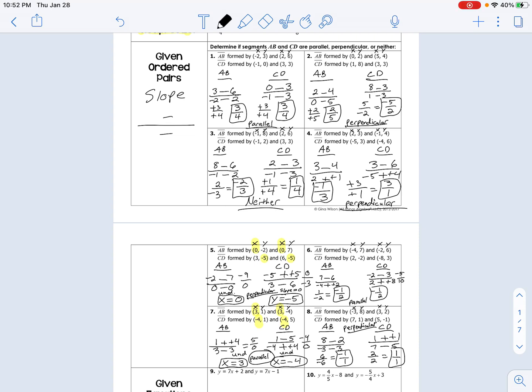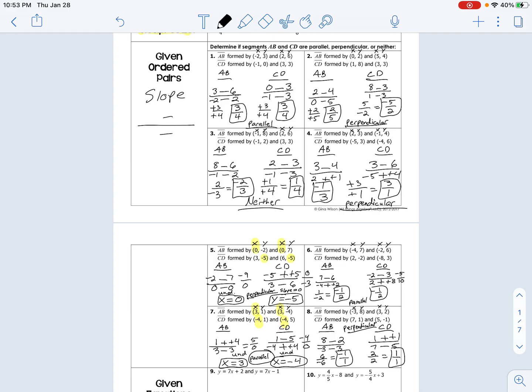So this is finding slopes from two ordered pairs, and then comparing the slopes to determine parallel, perpendicular, or neither, okay?